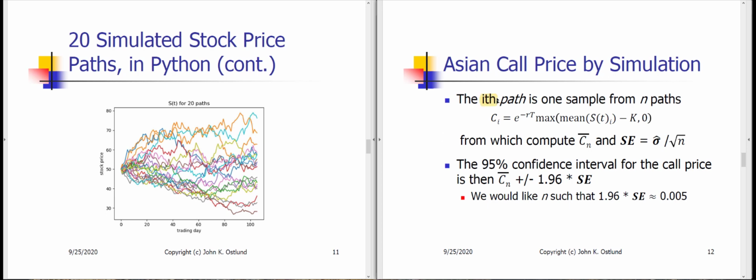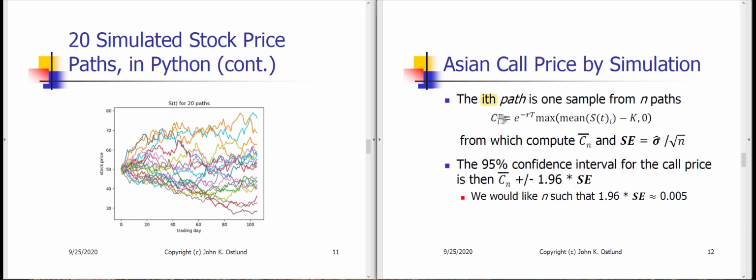Each path is just one sample from some number n of different paths. The call price that we're going to compute from each path, C sub i for the ith path, is going to be the payoff function discounted back to the current time. In other words, the maximum of either the mean of the daily closing prices minus the strike price, or 0, discounted back.